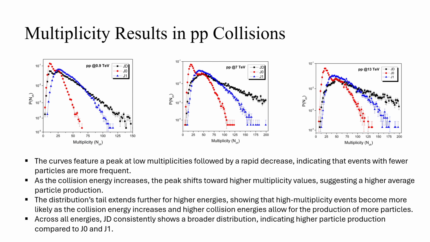Now, lastly, let's discuss the implications for high energy physics of these multiplicity results in PP collisions. The first implication is basically that these results and distributions provide insights into particle physics. Definitely, we are using this in particle physics, and this provides insights into particle production. As we know, the more particles produced, the higher the multiplicity is, because the multiplicity is the total number of particles produced.